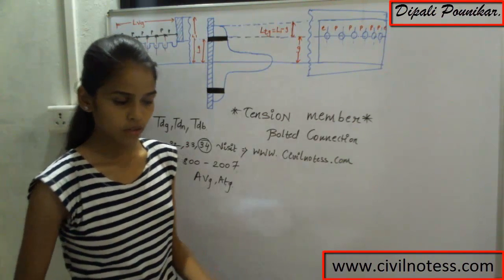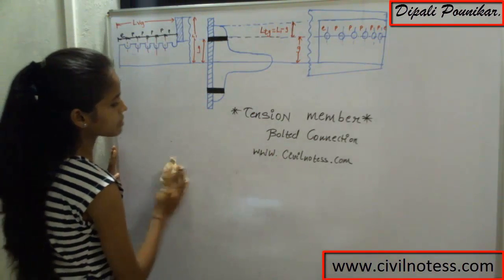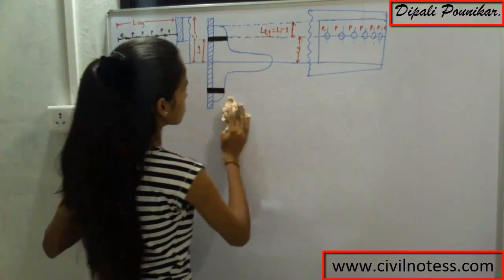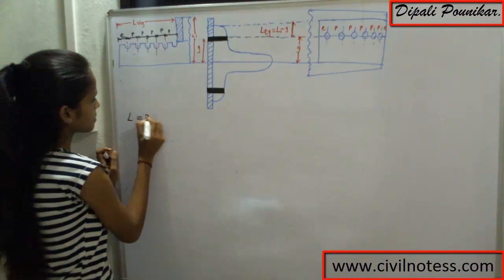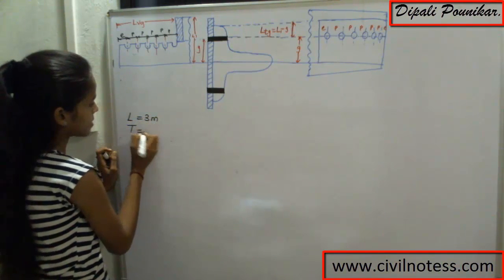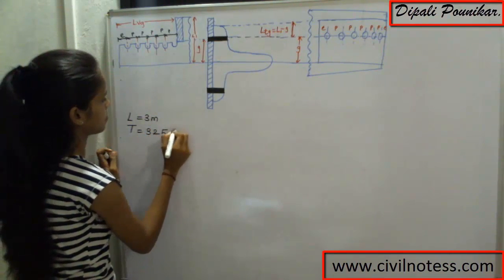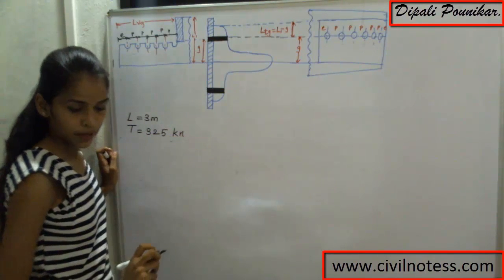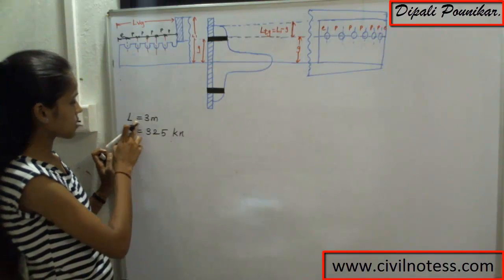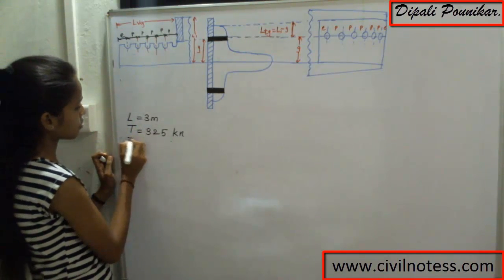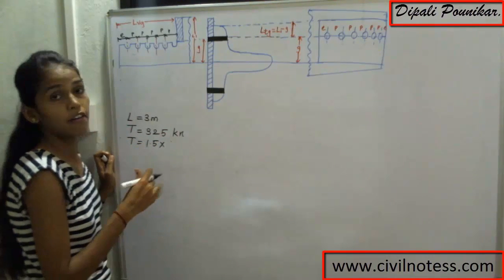As we know, the given length is L equals 3 meter. The design tensile strength is 325 kilonewton. This tensile load is the safe load, so we have to calculate for the partial or factored load.